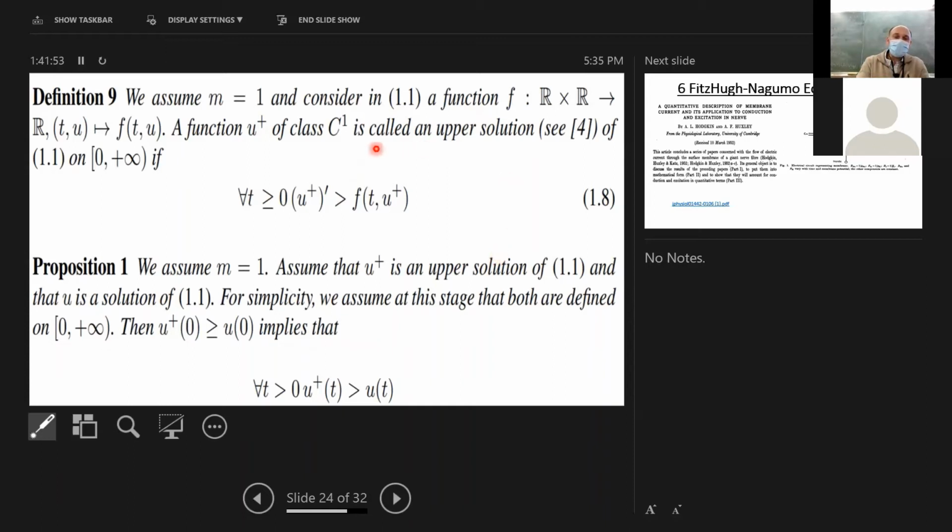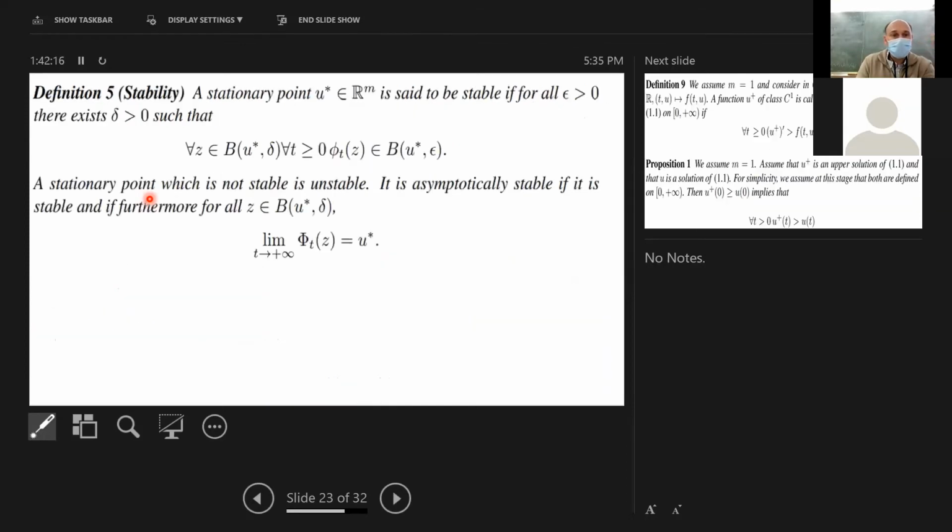You could also use this theorem to prove that. Okay, and what I wanted to say before going to that is that I can tell you that a sink is stable.